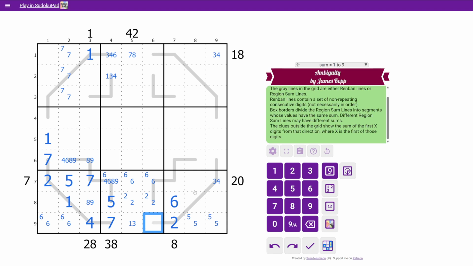But if it's the Renban, then this is a 5. I mean, would this still have to be a 3 or 4? Does this have to be a 3 or 4 either way? I guess it could be a 1, 3 or 4.